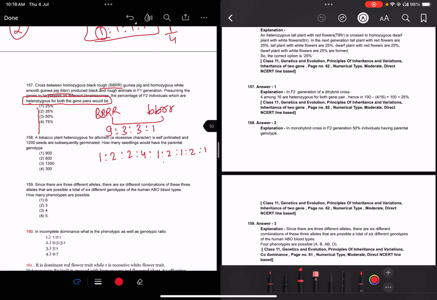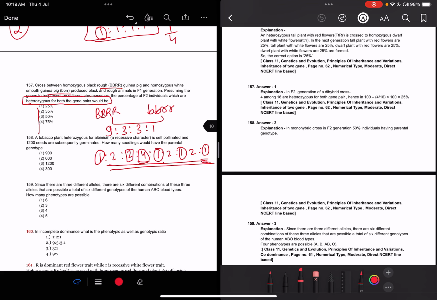The ratio is 1:2:1:2. Here we need to identify which is homozygous and which is heterozygous. The last one is recessive homozygous.